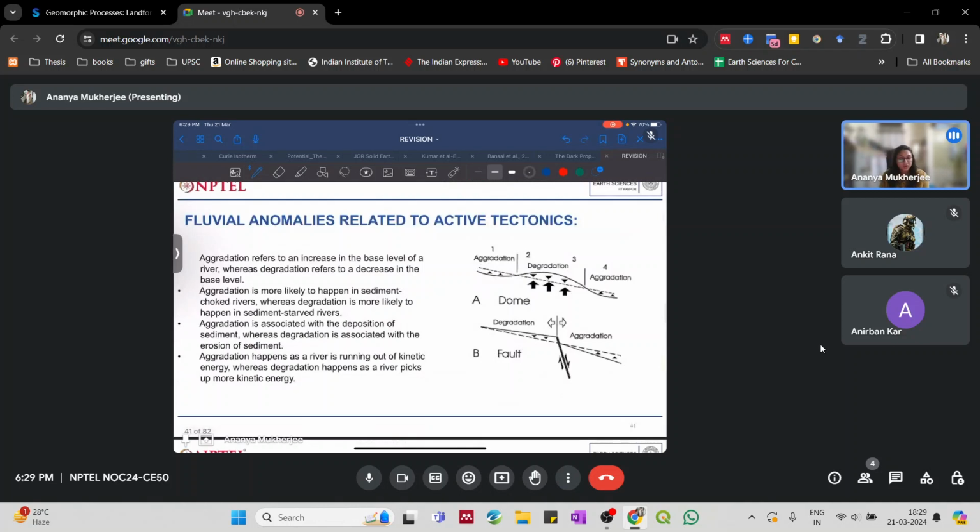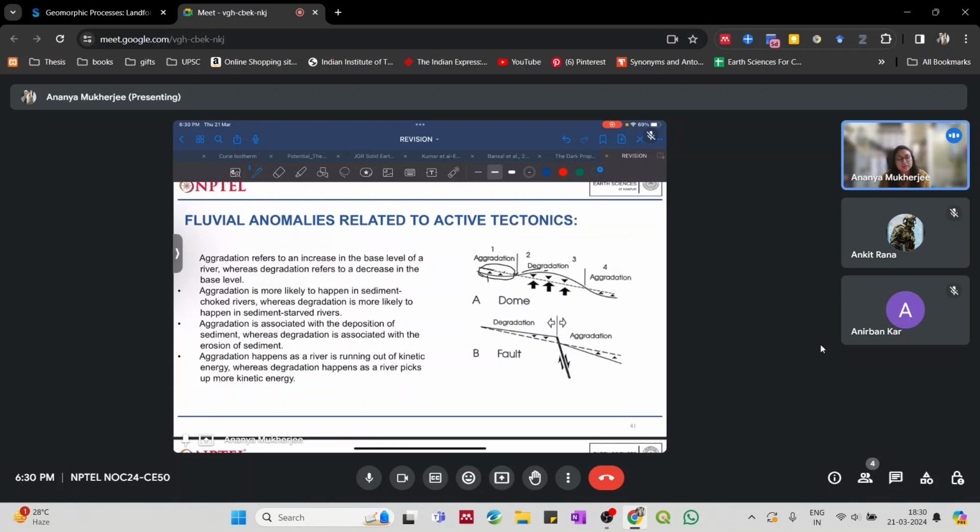Over here you can see there is an uplift in the middle section. Because of the changes in the base level that we see over here, this part will have a lowering of kinetic energy, and also maybe an obstruction of the sediment that can flow over the uplifted area.